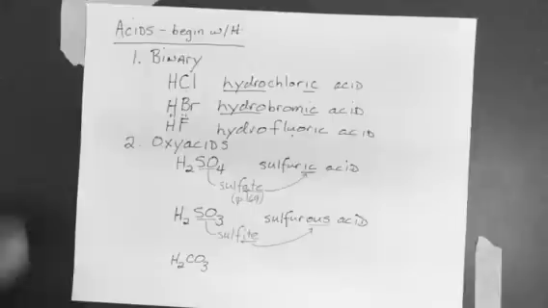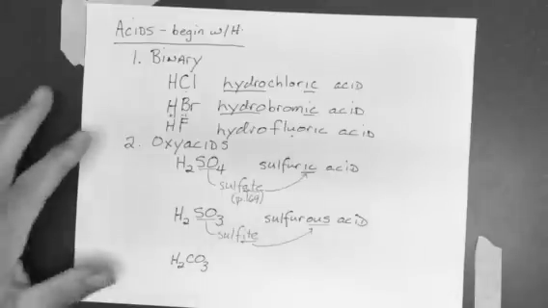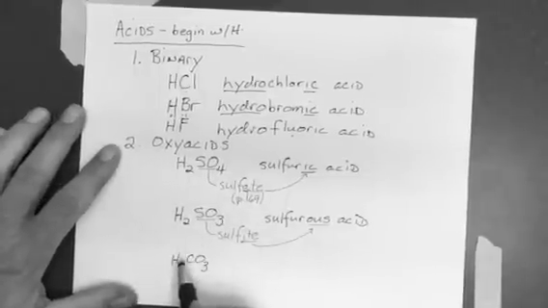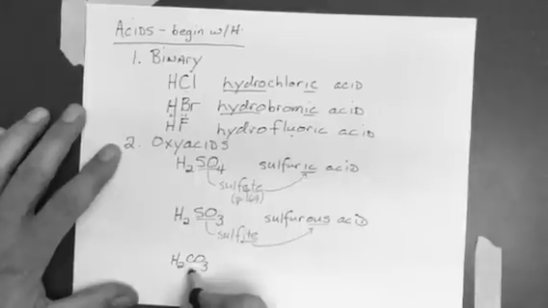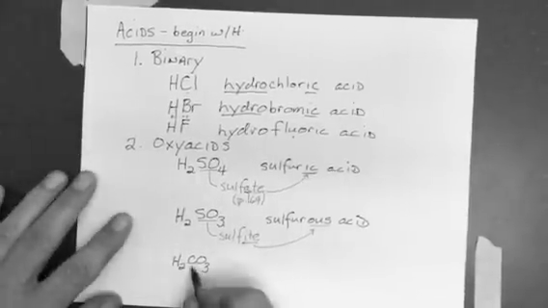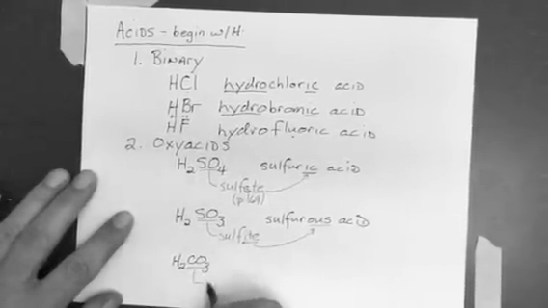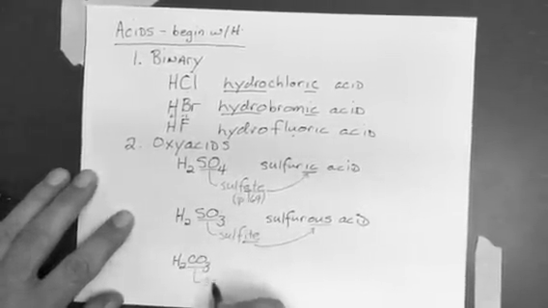Why don't you pause the video and see if you can name H2CO3. All right, here's what H2CO3 is. Here's your logic. This is an acid, and it's an oxyacid. So that means you have to know the name of this ion right here. If you don't, you look on page 169. And this is called carbonate.